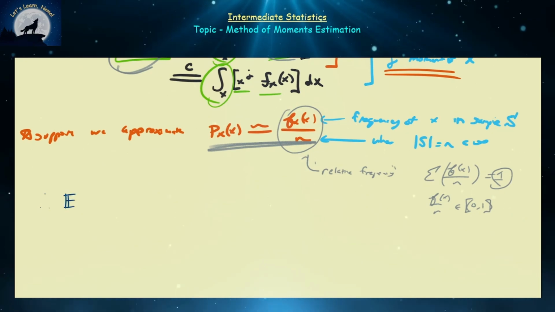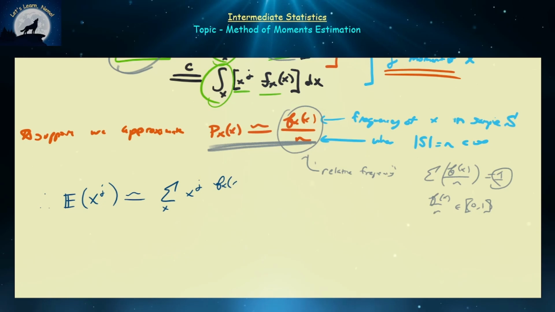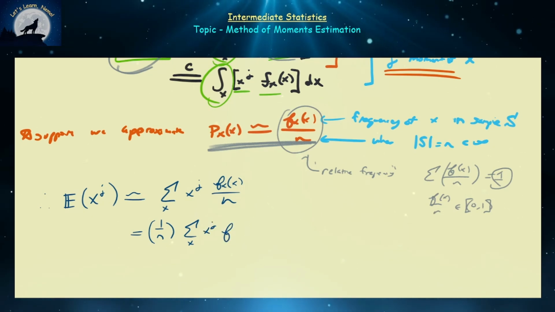Using this candidate for approximations of p_X, we can simply say that the expected value of x^j, or the jth moment, will be approximated by the sum across all values of x of x^j times the frequency of x divided by m, which we can equivalently write as 1 over n times the sum across all values of x of x^j times the frequency of x.